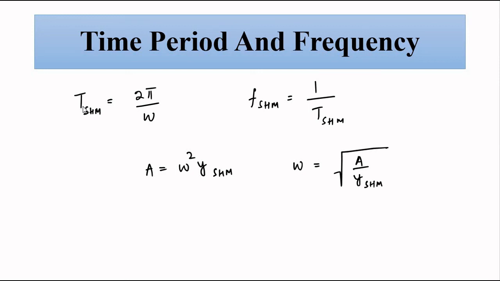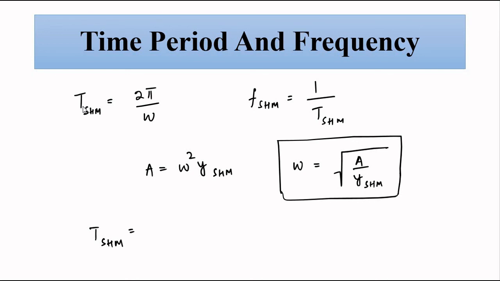Putting this value of omega here, we get the time period of SHM is equal to 2 pi root over y SHM, the instantaneous displacement, divided by acceleration.